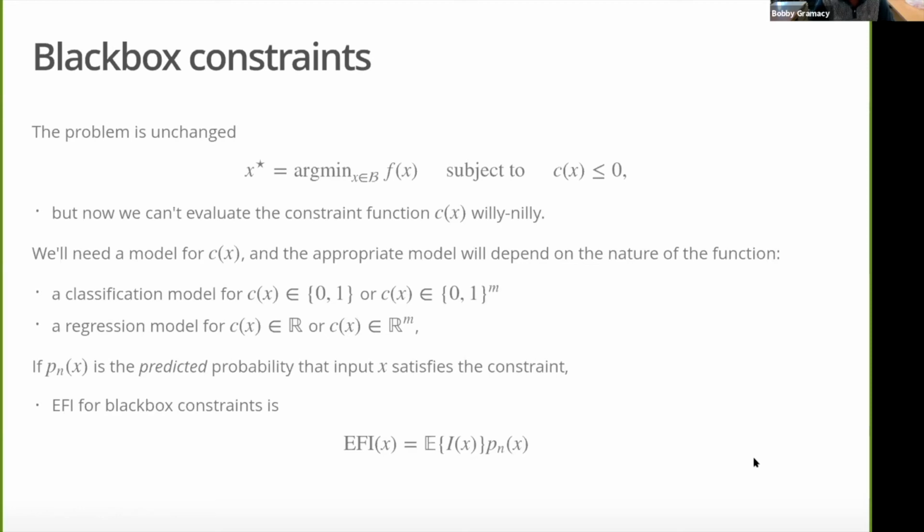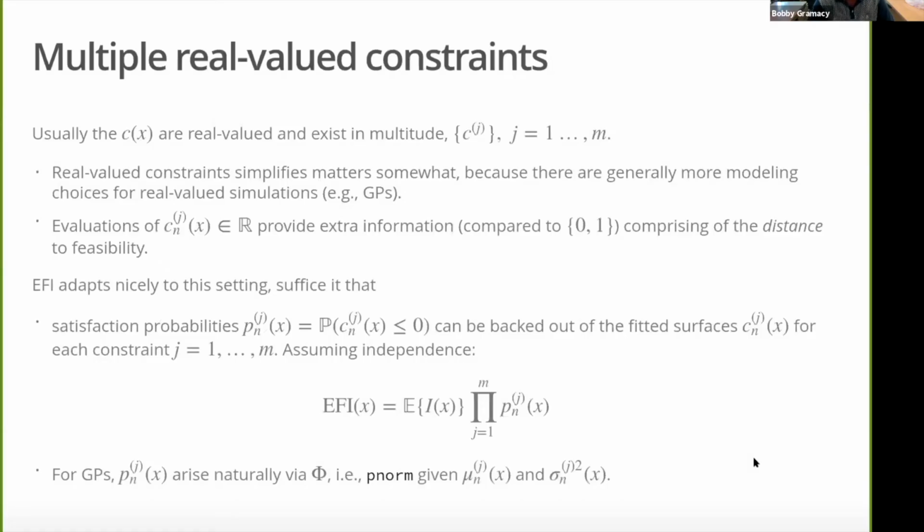I do want to go through a different idea that I think is really important when you have lots of constraints. I already said you could have multiple constraints, but this is maybe the most common situation, where the number of constraints is potentially large relative to the number of objectives.